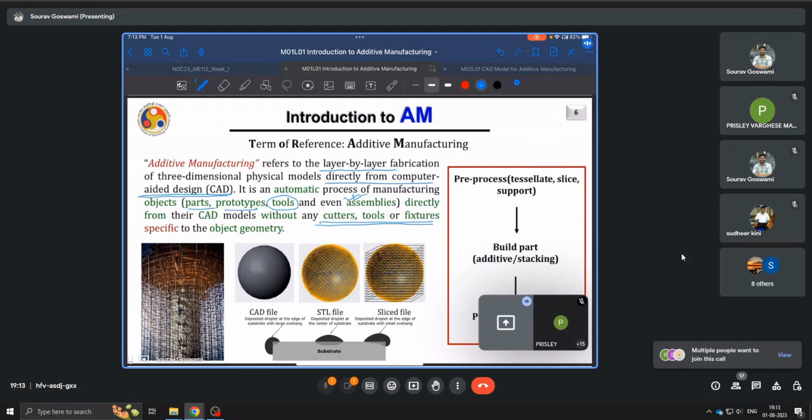And of course, more importantly, any such process is actually independent of the object geometry. Now, where this helps is irrespective of the complexity of the geometry or the difficulty of the material.